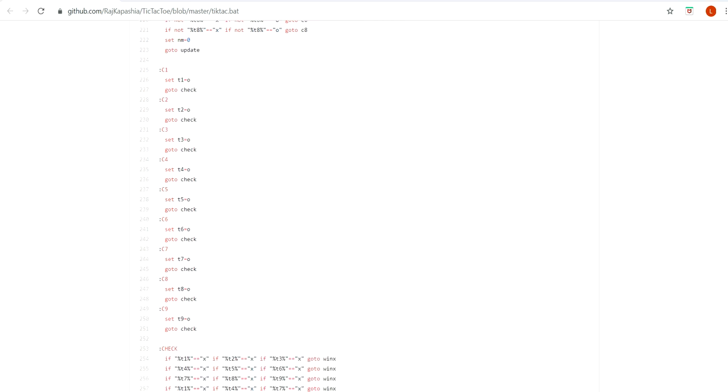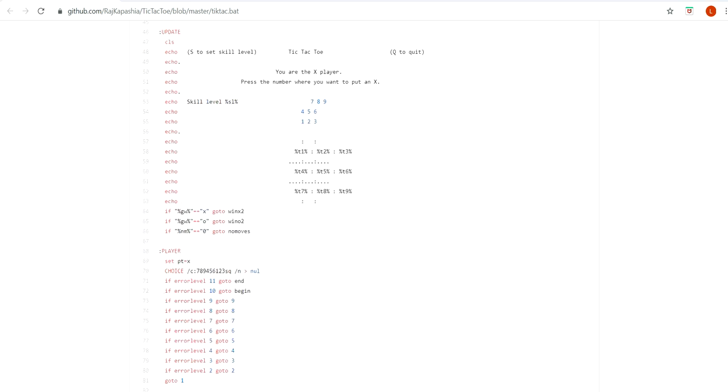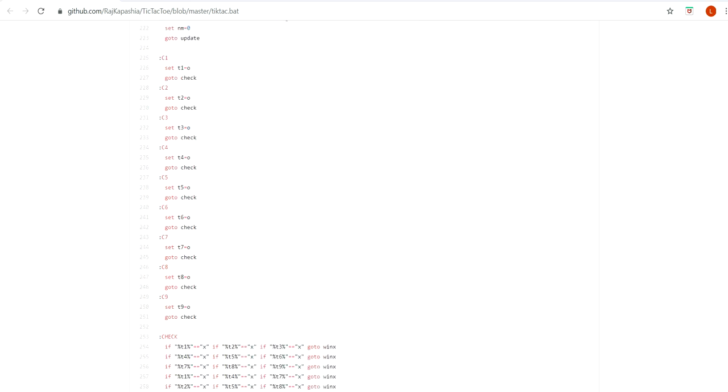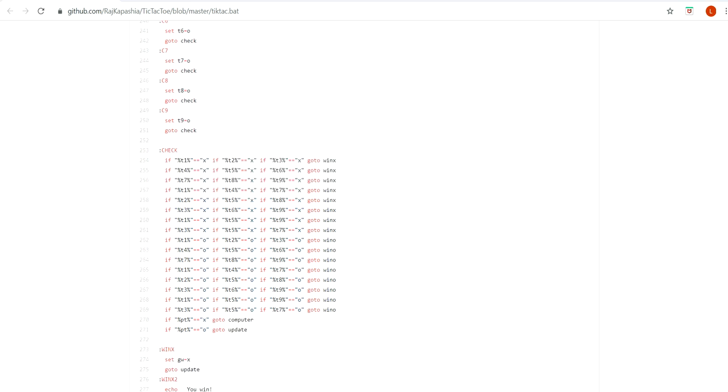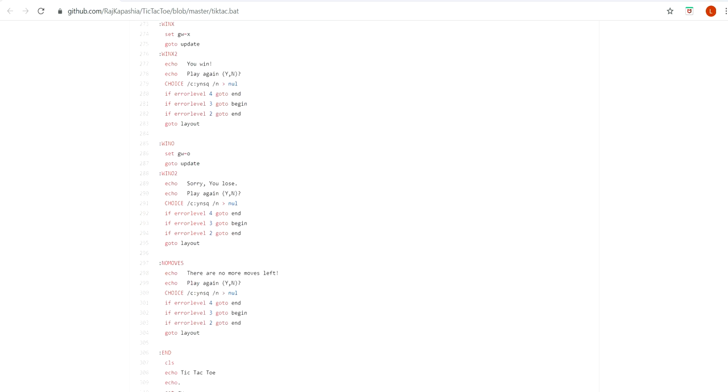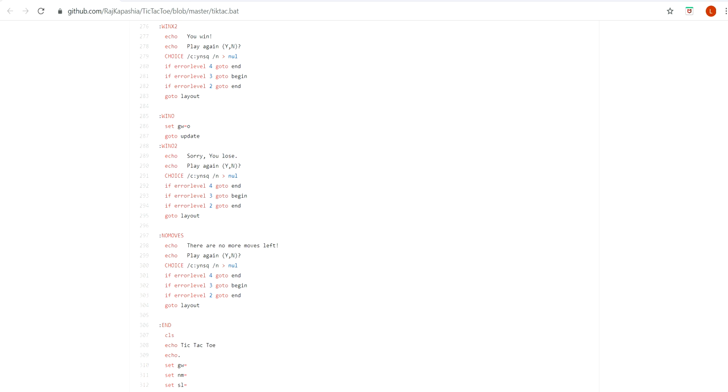Now earlier we were doing this for the X part, and now here we are doing it for the O part. They go to check, and then t1 is X, X and X, so go to win X, and t5 is X, go to win X and go to win O. Okay guys, it is like skill 1. For win number 2, it says sorry you lose, play again. And for win number 30, no moves.